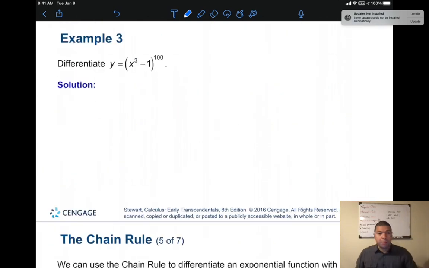So let's do another example, because maybe that allows us to be a little bit more practical. I'll use the Leibniz notation this time, so maybe that helps you. So what I'll do is this.